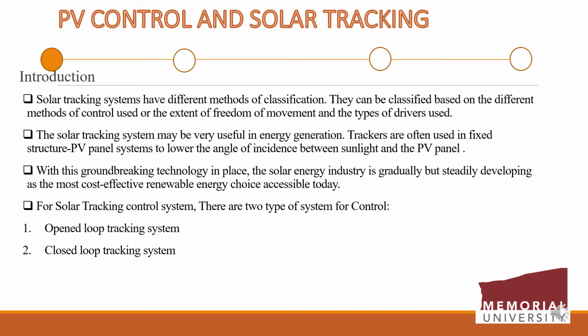With this groundbreaking technology, the solar energy industry is gradually developing as the most cost-effective renewable energy choice accessible today. For the solar tracking control system, there are two types of control. The first one is the open loop tracking system, the second is the closed loop tracking system.